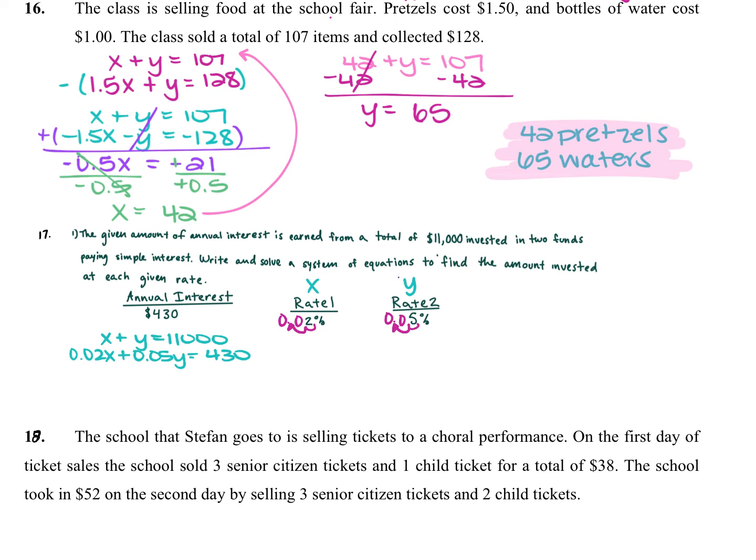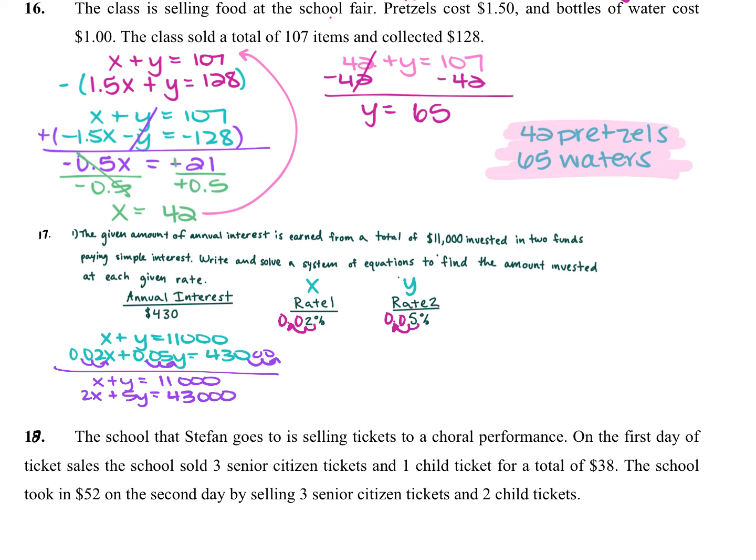Now, I don't want to work with the decimals, so we're going to multiply the entire bottom equation by 100 to move the decimal points 2 places to the right on all of these numbers. This means that we are going to work with x plus y is equal to 11,000, as well as 2x plus 5y is equal to 43,000.